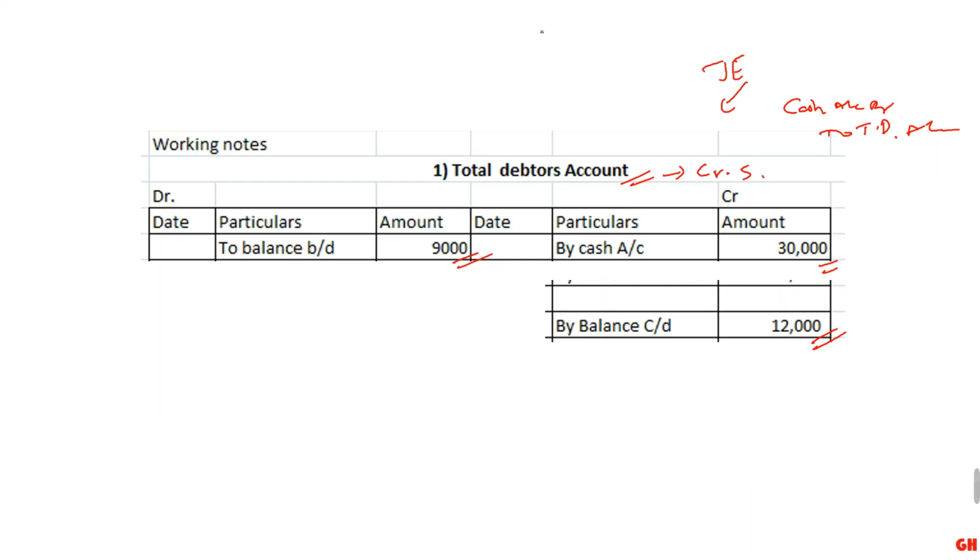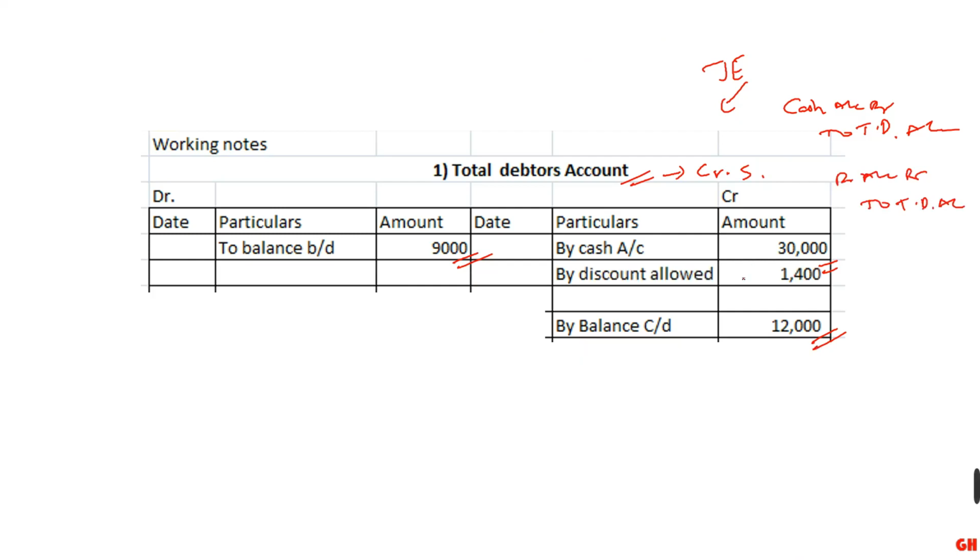The entry for that is discount account debit to total debtors account, so it will get credited by discount allowed 1,400. With this, all the information related to total debtors given in the problem, we have passed the necessary journal entries and directly posted in the ledger.